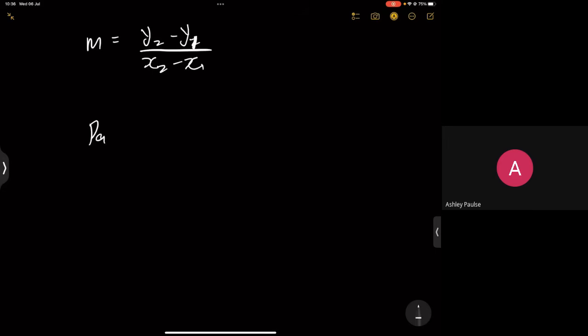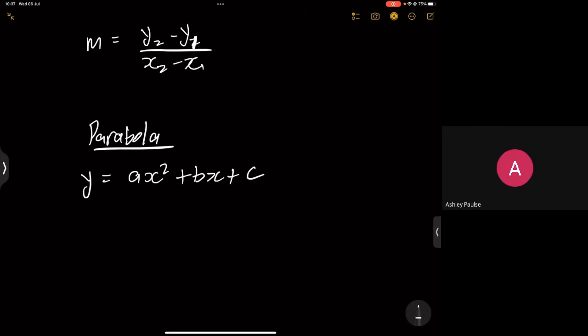Then we've got the parabola. Okay, and I'm going to be really quick about this. There are three basic ways in which they can give us the function of a parabola. The first one is in the standard form y is equal to ax squared plus bx plus c.